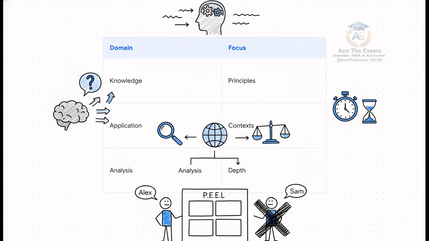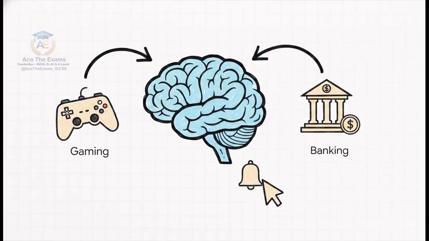Think back to Alex's purely factual data dump versus Sam's panicked, rushed answer. Which one of them successfully hit the analysis domain? Neither of them did. They barely scraped past knowledge. To break into that analysis column and secure the top marks, you have to change the way you structure your thoughts entirely. So, the absolutely crucial point here is that you must demonstrate a connected conceptual mastery that you can adapt to any completely new scenario the exam decides to throw at you.